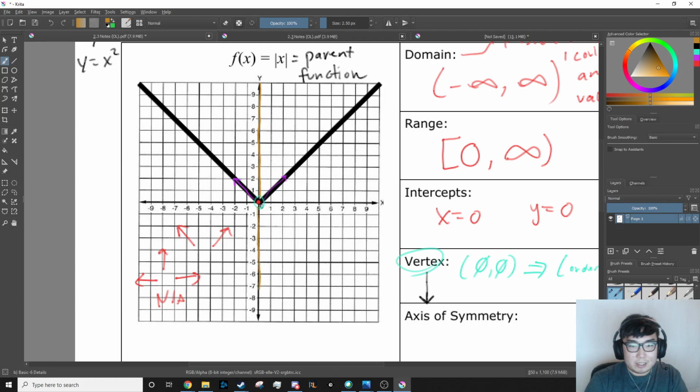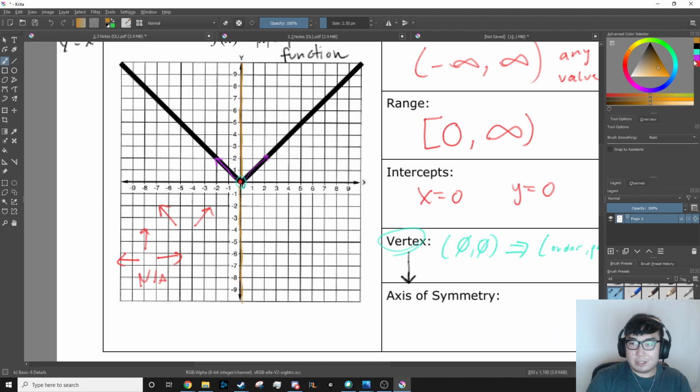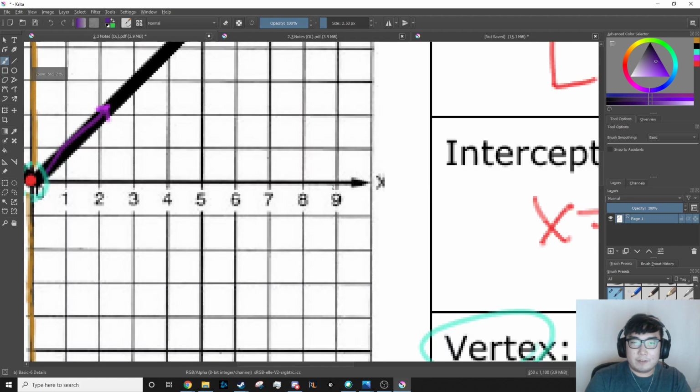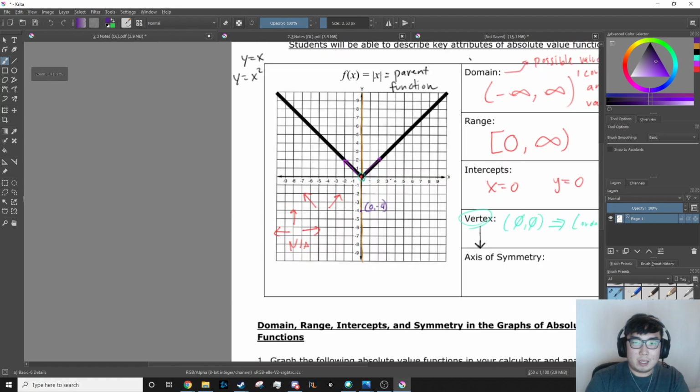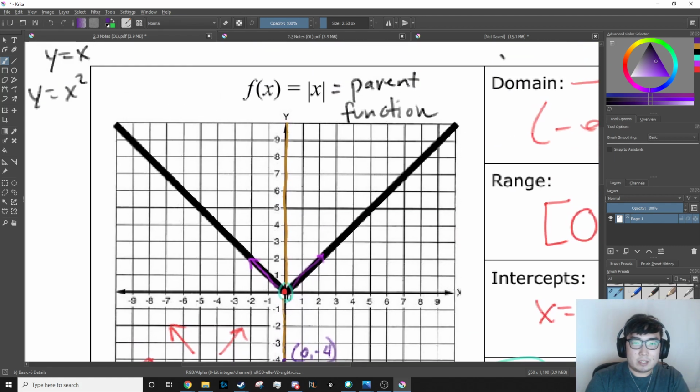How do I write this line? And the way that I write this line, once again, is, if I have, for example, this point right here, the coordinate of this point is (0, -4). And this point right here is (0, 7).